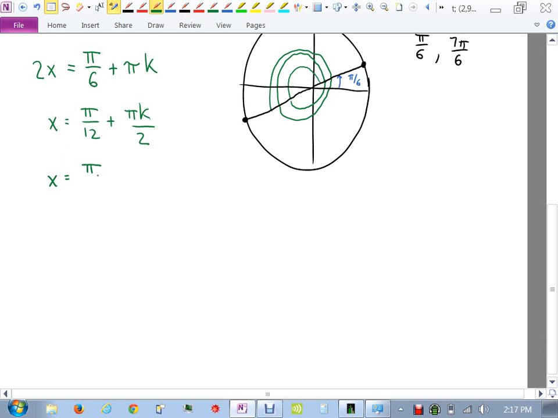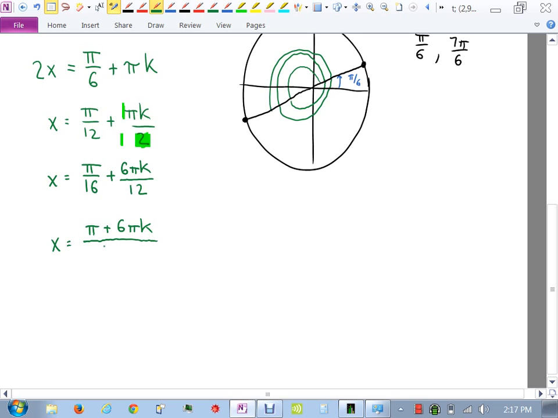So what I'm going to do is take this 2 down here and turn it into a 12 by multiplying top and bottom by 6. So I get plus 6 pi k over 12, and then pi plus 6 pi k. I cannot combine those together because they don't both have a k in them.